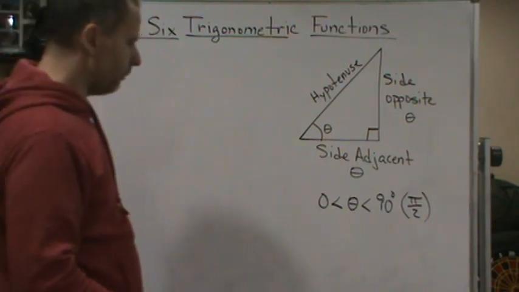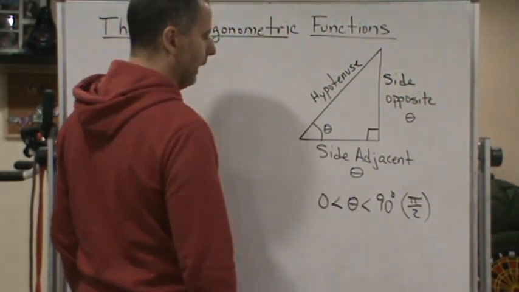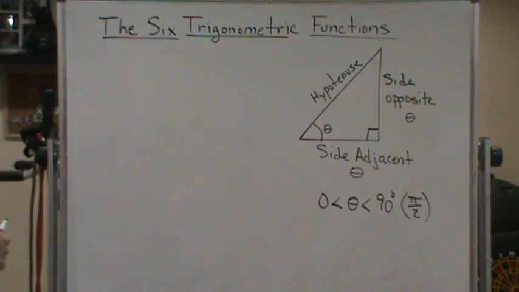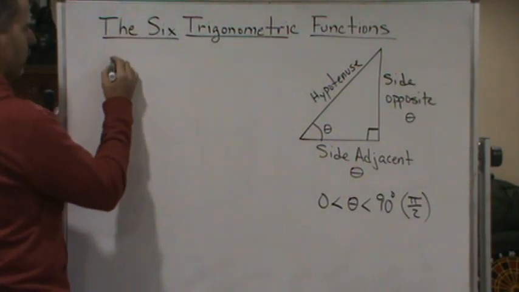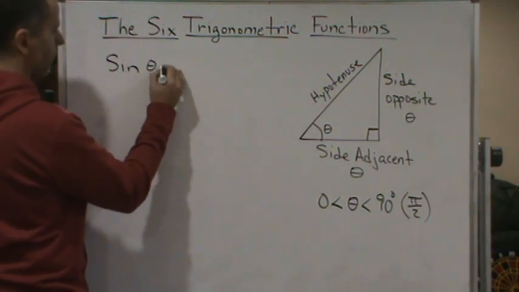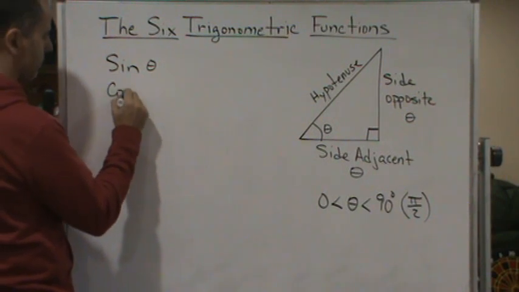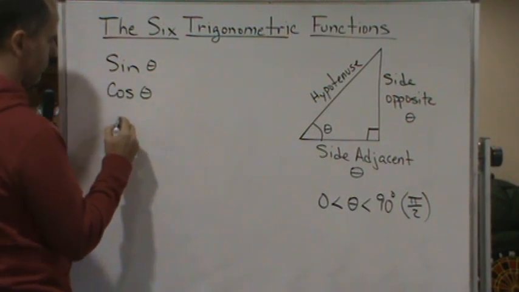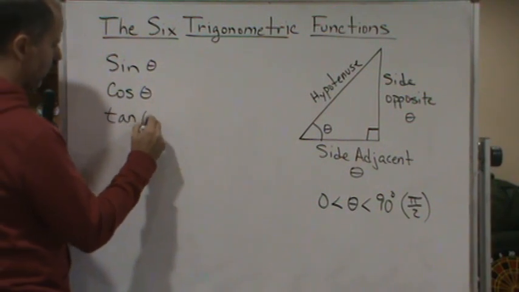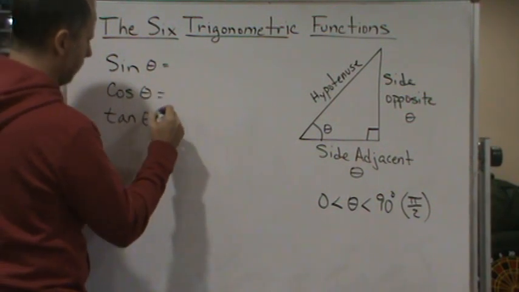So we're in the first quadrant, and so we can look at all of the trigonometric functions. Let me write those down. In fact, let me start with the first 3.